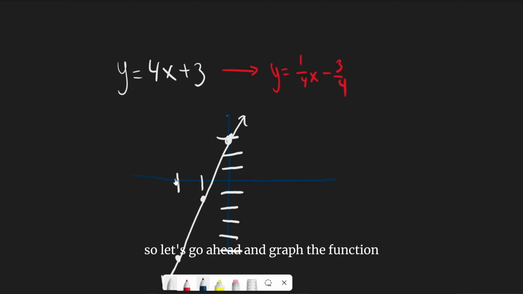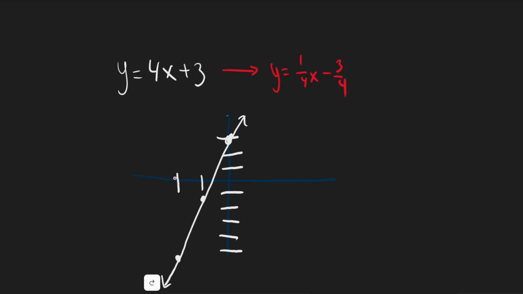So let's go ahead and graph the inverse of the function that we were given. Our y-intercept is negative 3/4, which is negative 0.75, which is right here. And we want to go up 1 and to the left 4. So right here. Or right here, actually. And let's do that over here.